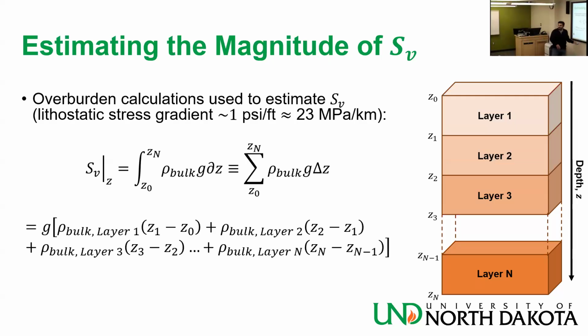But I find out some people have this issue later on. If you go and Google what is G in American units or oil field units, whatever you call it, you find a value 32.2 feet per second square. Then you take this and you put it in the equation as actually 32.2.